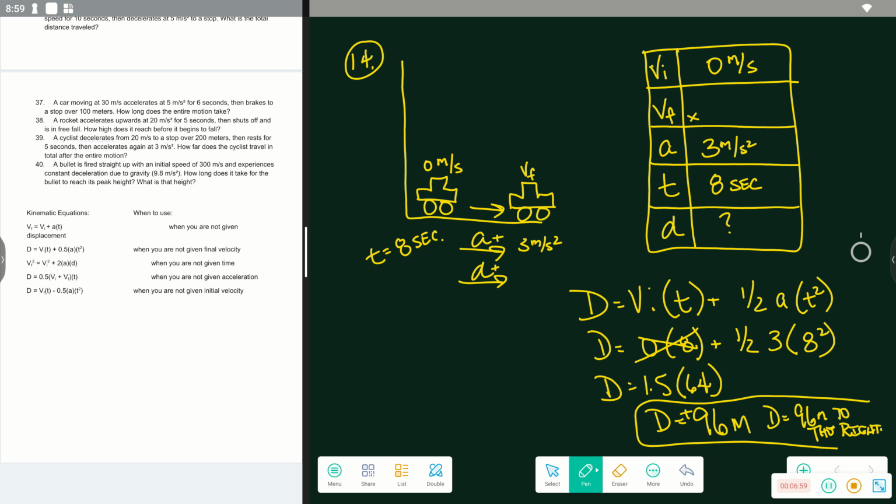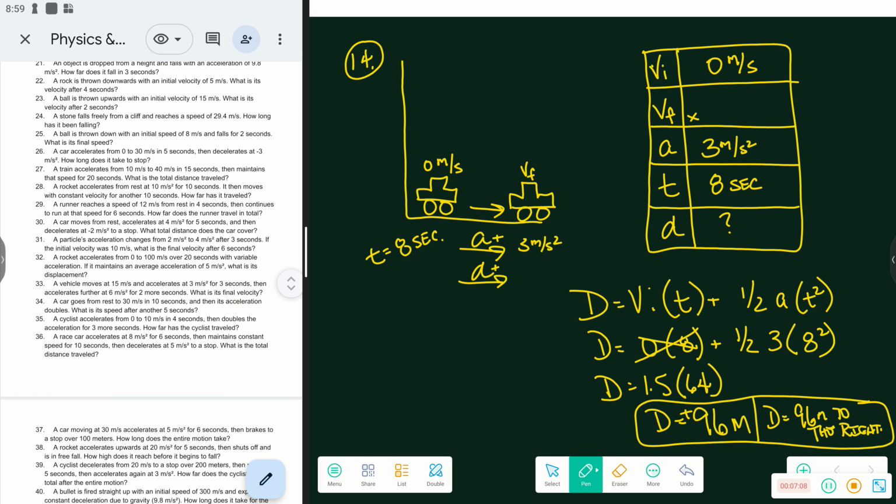Either one of those would be correct. If this plus sign was not there, then it would not be correct. All right, so that's number 14. Let's go back to 15.